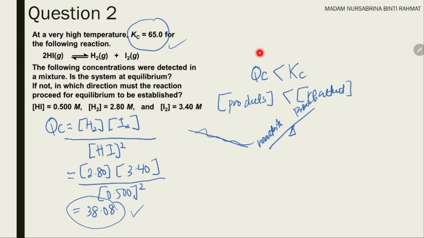To achieve equilibrium, which means both sides having a similar weight, we're going to add more product.